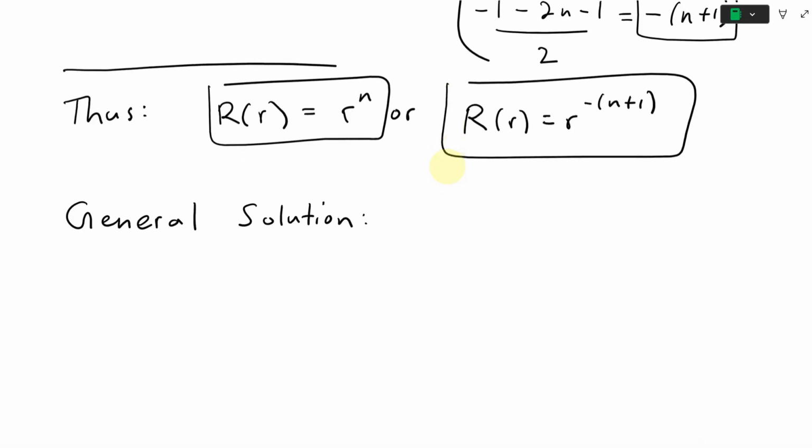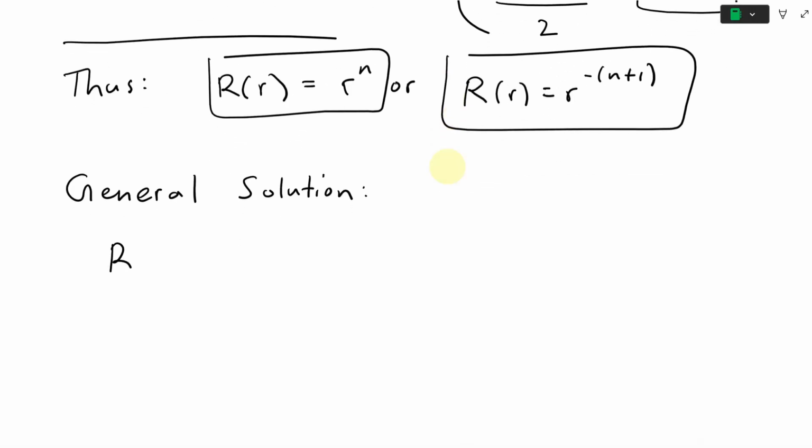It's going to be r of r equals, and we set it up like this: a constant a times the first basis solution, r to the n, plus constant b times r to the negative n plus 1.